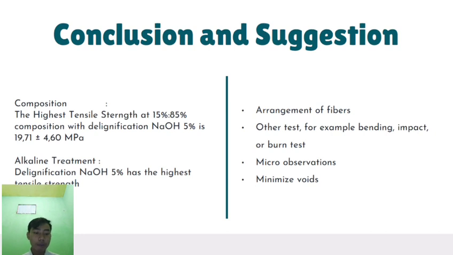Third, micro observation. It is hoped that in future research, micro observation such as SEM will be carried out. Fourth, minimize voids. In the composite manufacturing process, the fiber and matrix mixture should be mixed carefully or the vacuum bag method used to minimize voids.